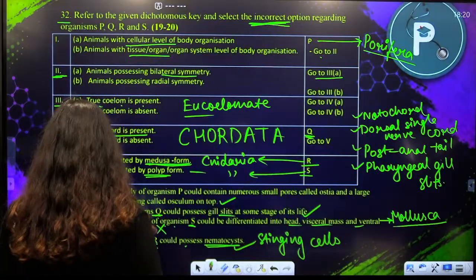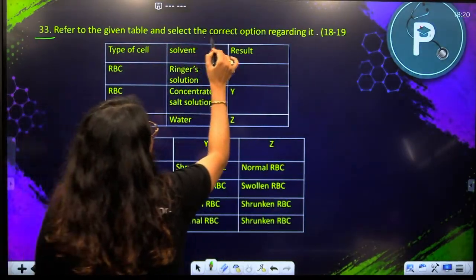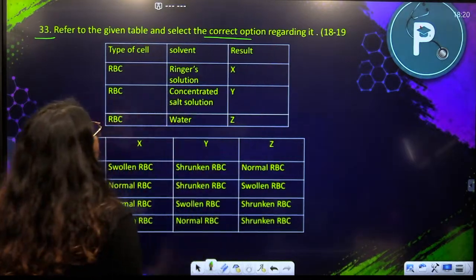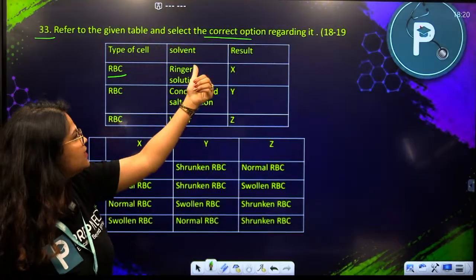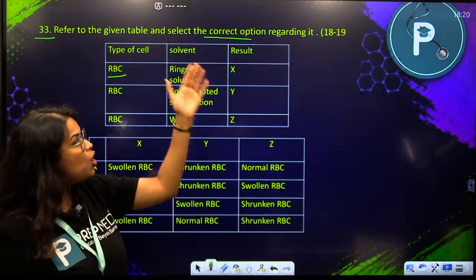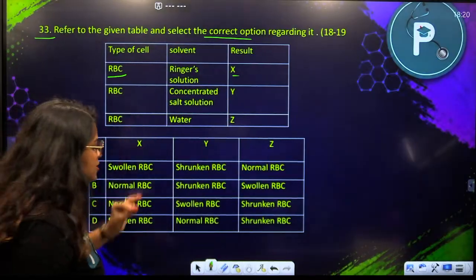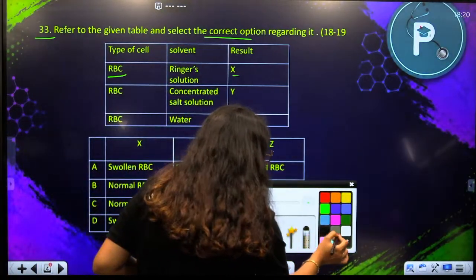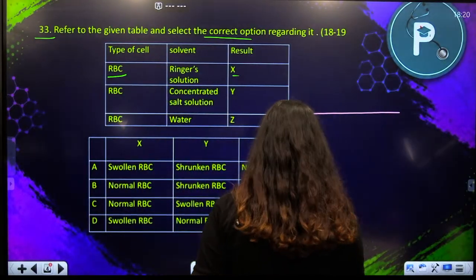Now moving on to the next question, and this refers to the given table. Select the correct option regarding it. Okay. If you take RBC and you put it in Ringer's solution, what would be the result? X. In this case, I am dividing this into 3 cases, because there are 3 cases that are suggested.